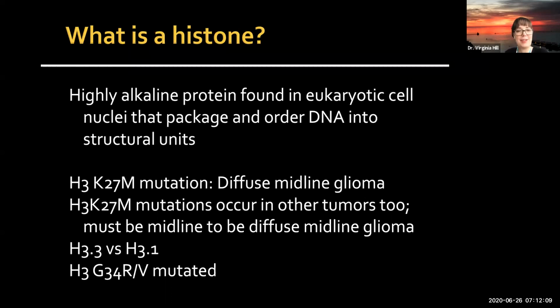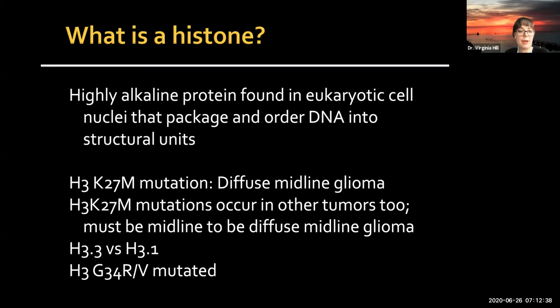So H3K27M mutation is found in a diffuse midline glioma, but it can also occur in other tumors too, and it's important to only use this diffuse midline glioma designation for tumors that are really in the midline. So it will occur in other tumors, and they are not considered to be diffuse midline gliomas. The mutation can occur on H3.3 or H3.1.